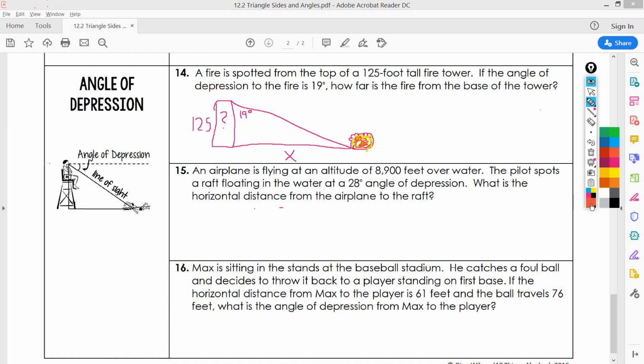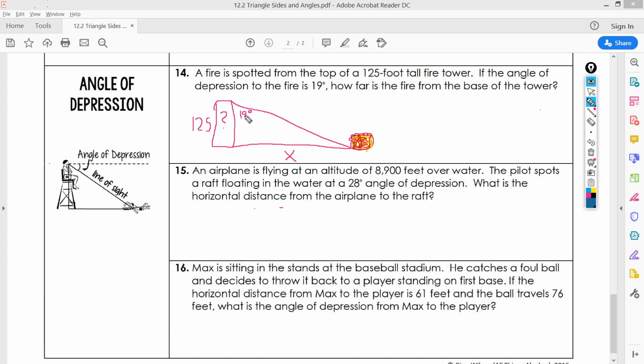Pretty good. Wait, hold on. It needs a little more red. Yeah. Fire. Okay, anyway.